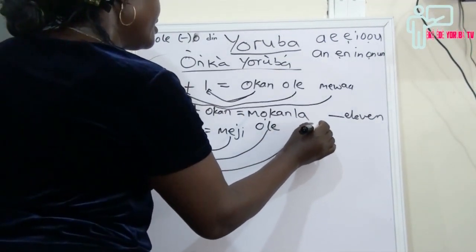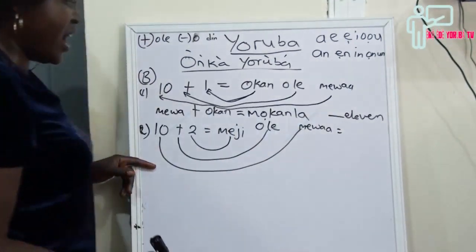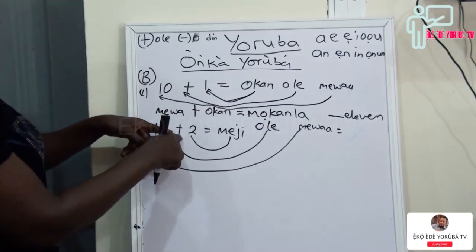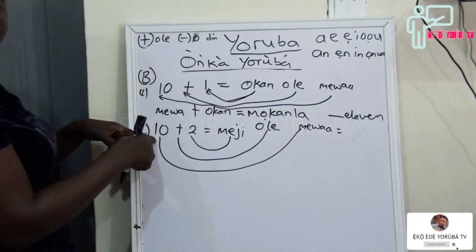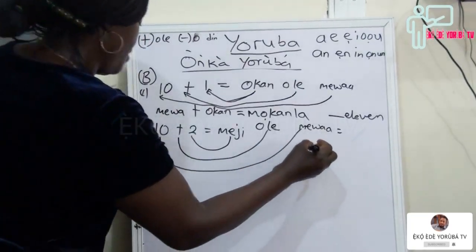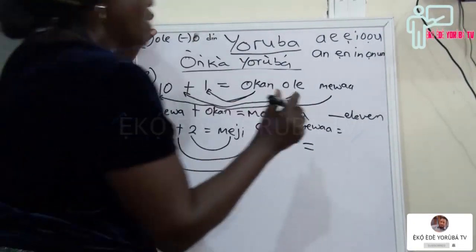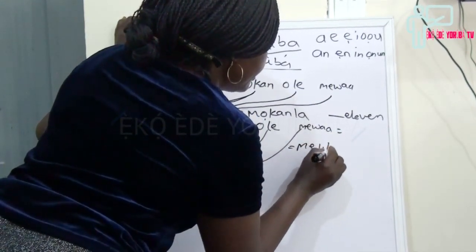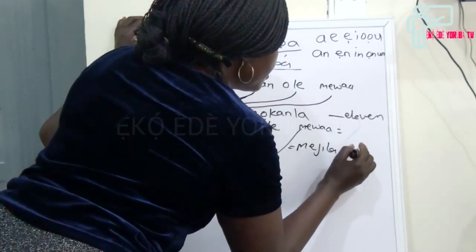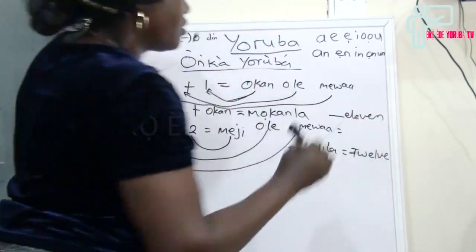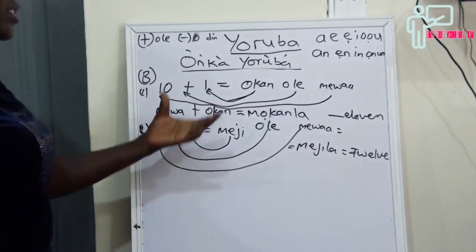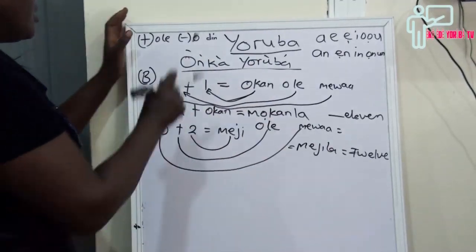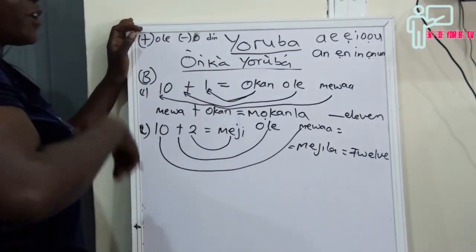You can see now, méjì ó lé mẹ́wàá. So now it gives you méjìlá. Let's say méjìlá, which is 12. 11 ọ̀kànlá. 12 èjìlá.